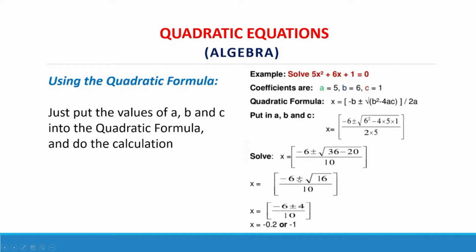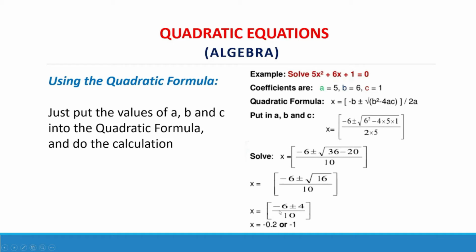Negative 6 plus or minus the square root of 36 minus 20, which is 16, all over 10. And negative 6 plus or minus the square root of 16, which is 4, all over 10. To get the value of x, negative 6 plus 4 is negative 2 all over 10, or negative 1/5, which in decimal is negative 0.2.